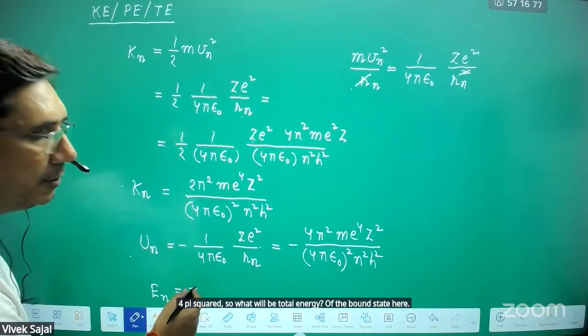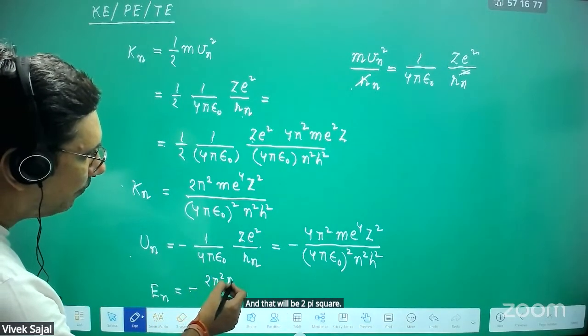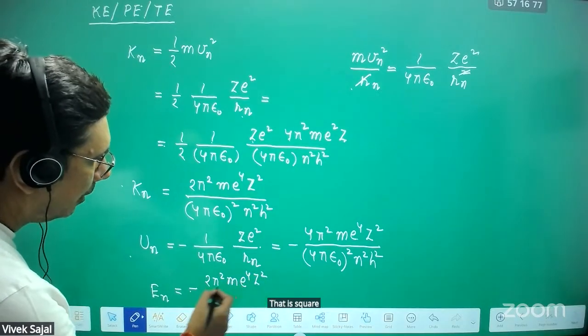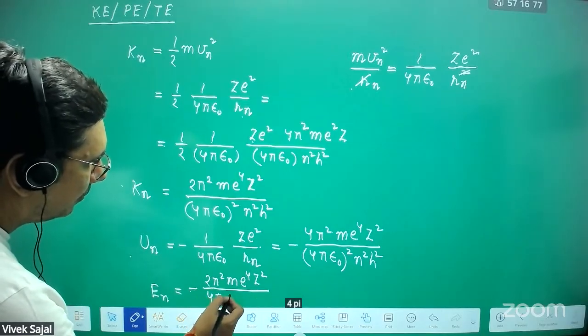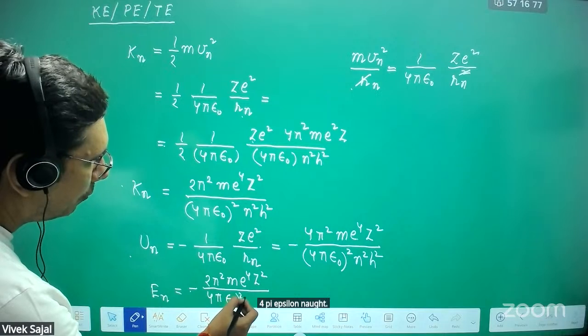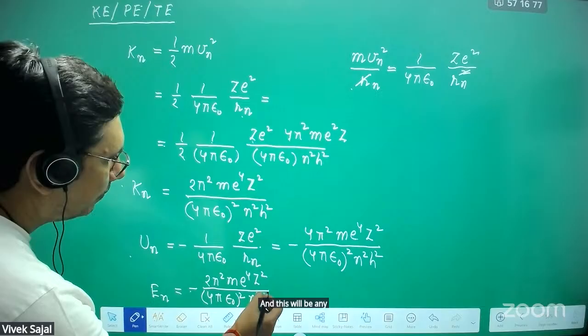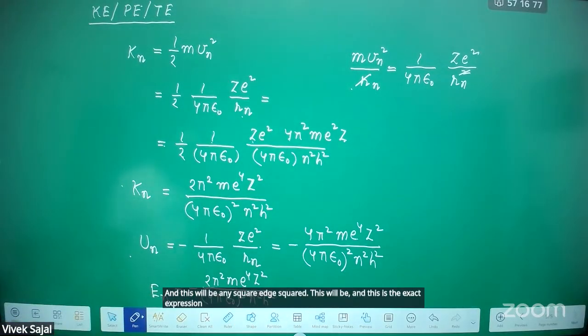Negative energy will be there, and that will be 2 pi square m e to the power 4 z square upon 4 pi epsilon naught whole square, and this will be n square h square. This will be En. This is the exact expression of En in SI system.